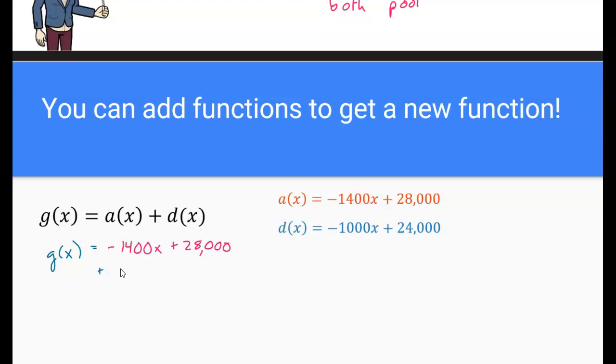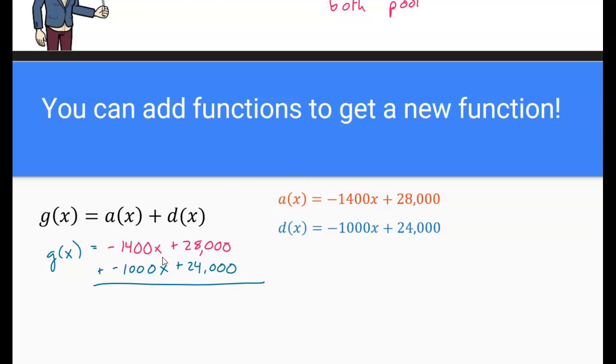Now I'm going to write it on the next line, and I'll show you why. If I write it on the next line like this, then we already have our like terms grouped. We have our x term, and we have our units term. And we can add those straight down.